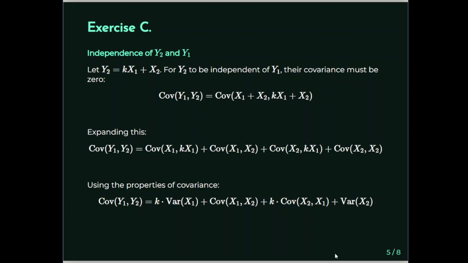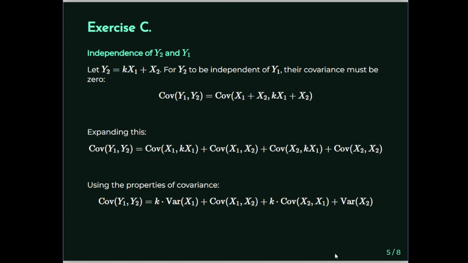The covariance of x1 and kx1 is just k times the variance of x1. The covariance of x1 and x2 is something we know already. The covariance of x2 and kx1 is simply k times the covariance of x2, x1. And the covariance of x2, x2 is the variance of x2.